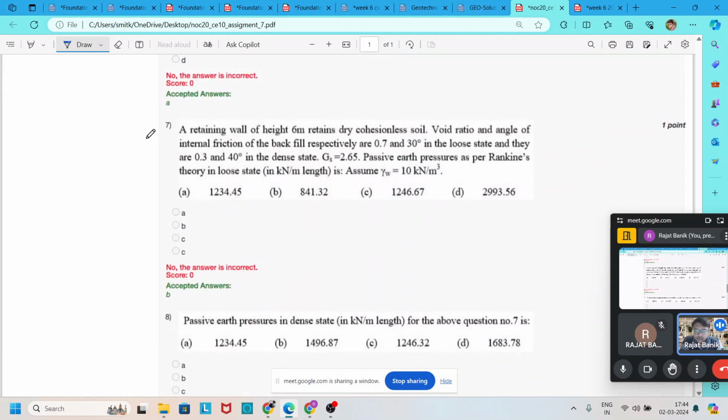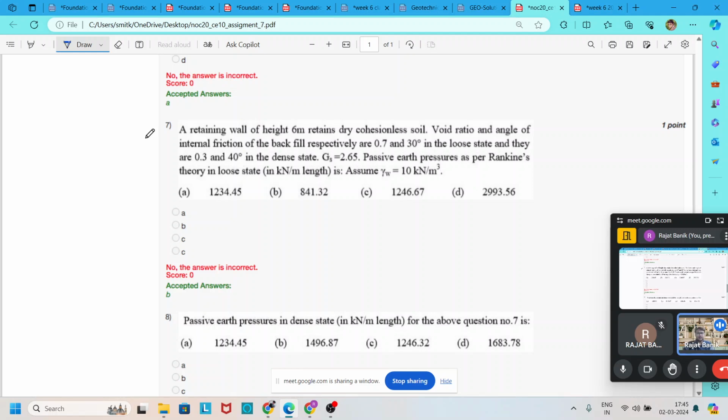Then question number 7, there is a numerical problem. It said that a retaining wall of height 6 meter retains dry cohesionless soil. Void ratio and angle of internal friction of this backfill respectively are 0.7 and 30 degree in loose state, and 0.3 and 40 degree in dense state.